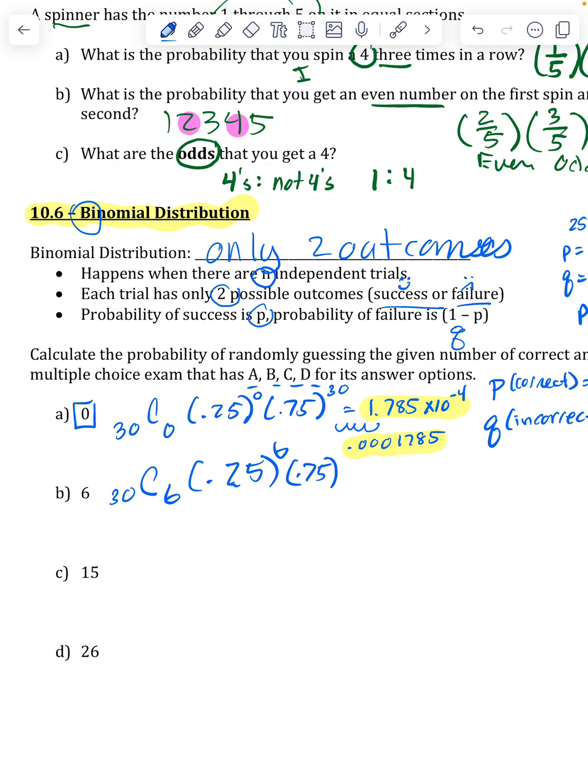If I get it right 6 times, that means the other 24 times, because there's 30 total, I'm going to get it wrong. So each of these shows you the probability and how many times that thing's happening. This is the probability of getting it right, happening 6 times. This is the probability of getting it wrong, and that's happening 24 times.